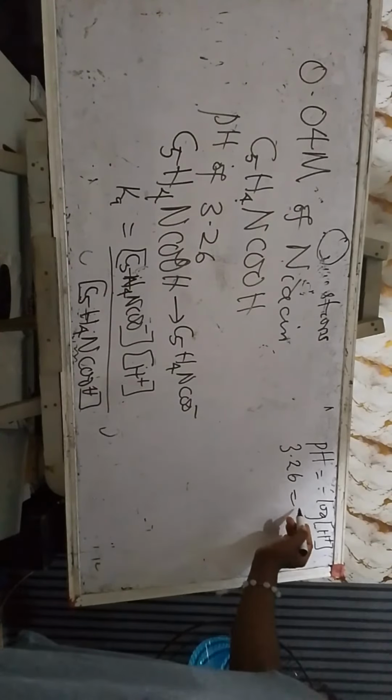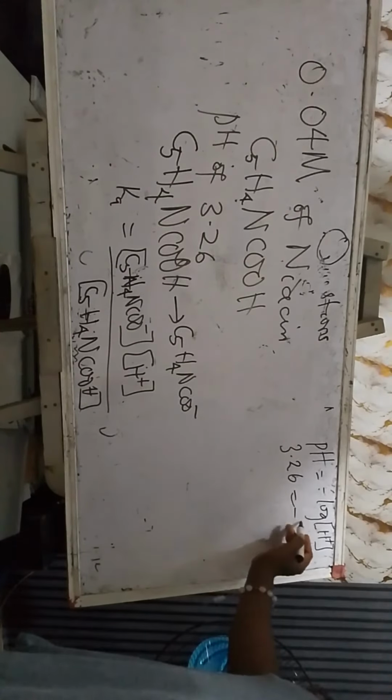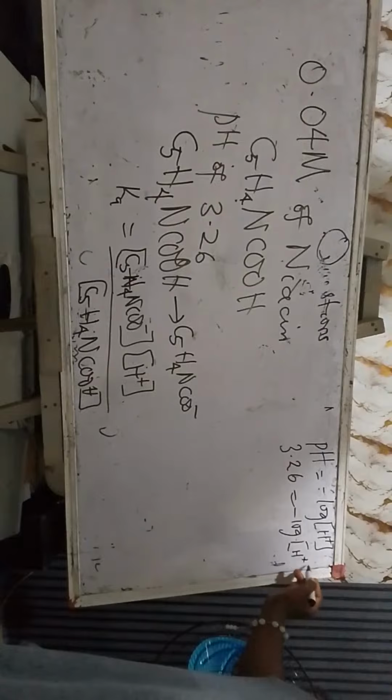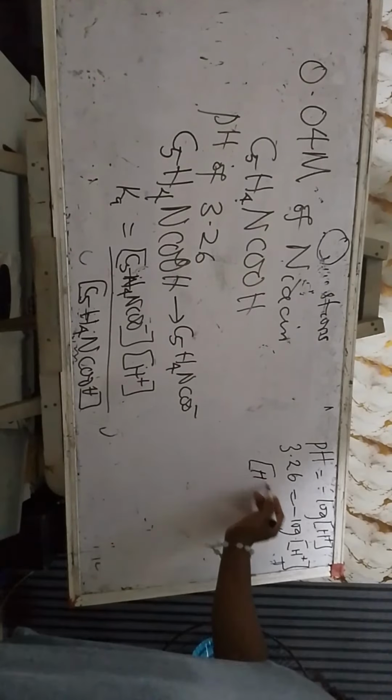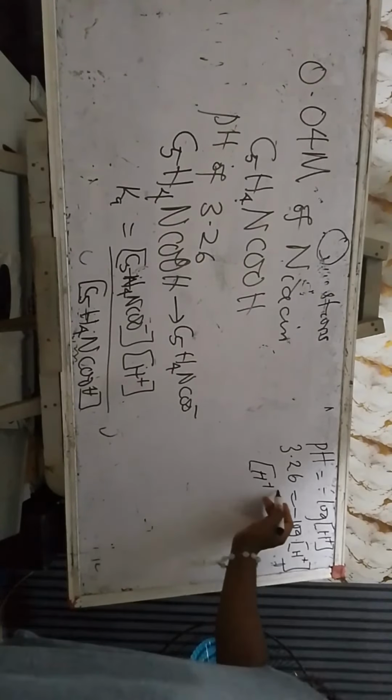So the concentration of hydrogen ion will be antilog of minus 3.26.